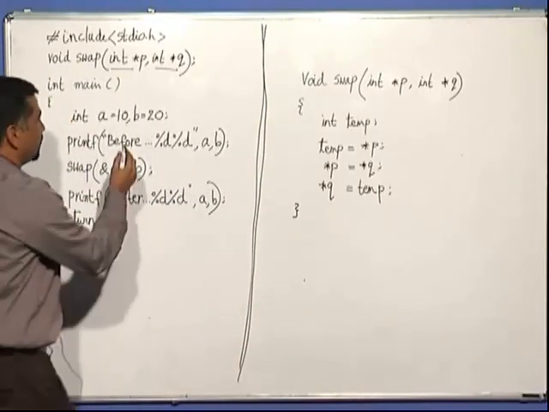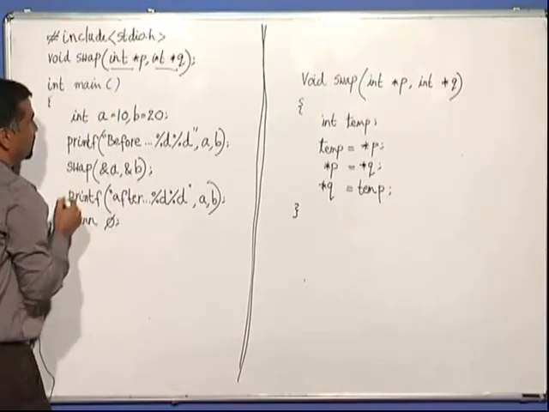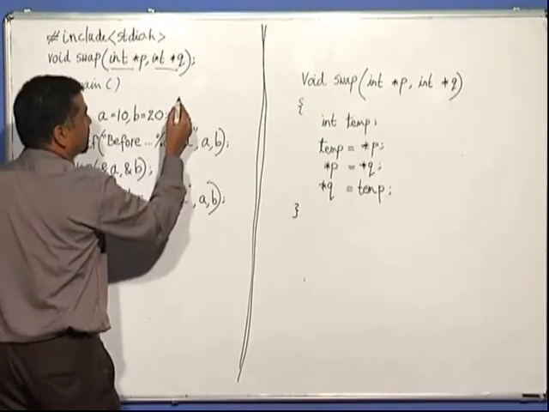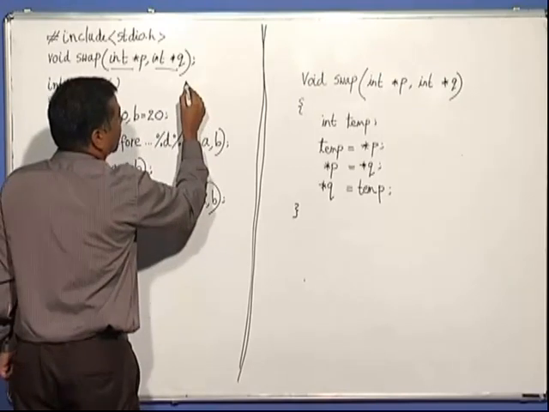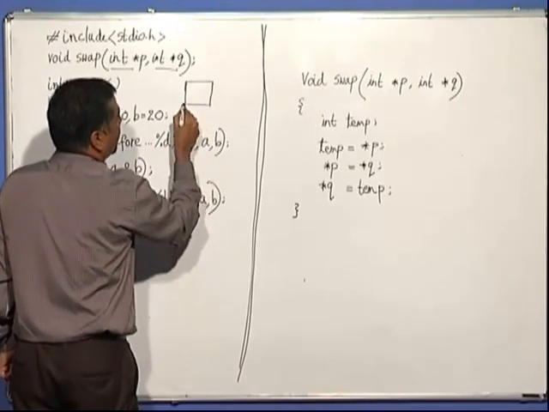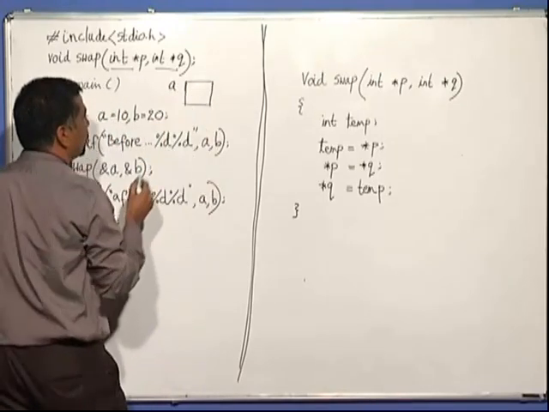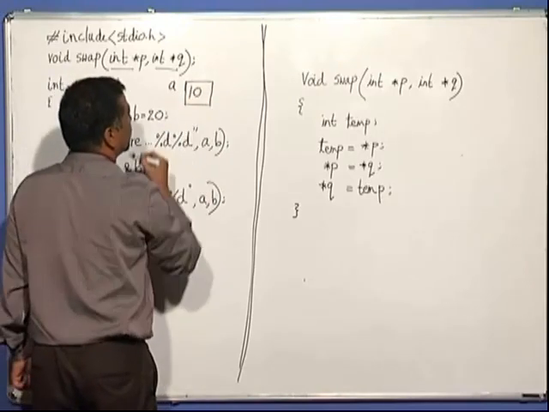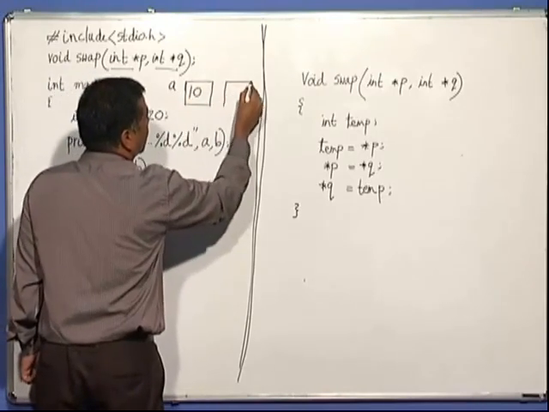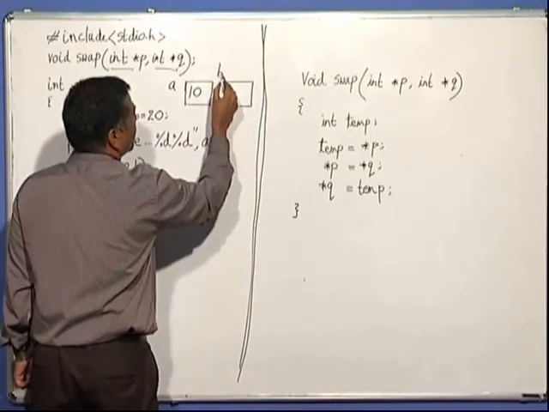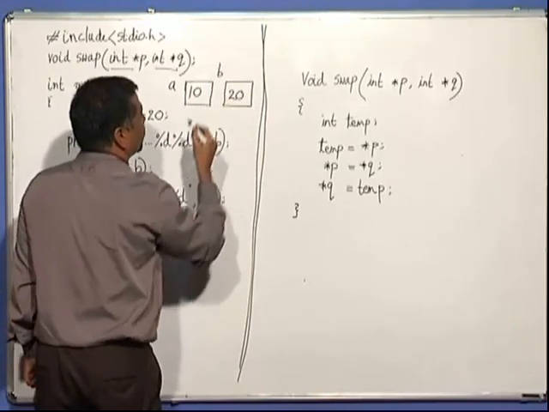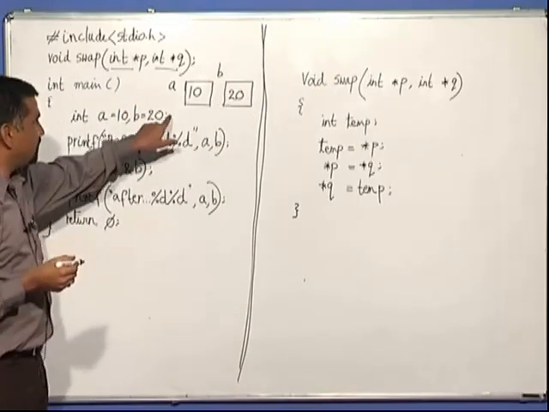We see that when the main function begins to execute, first variable A is allocated memory, a value of 10 is put inside, and then we have B and the value of 20 is put inside because of this line here.